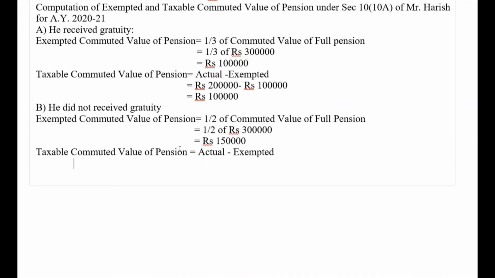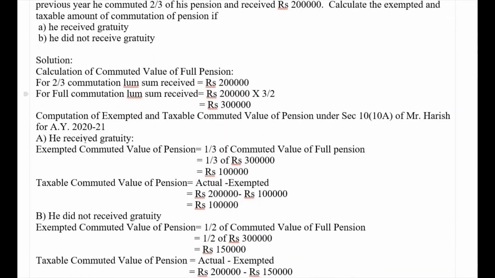We know the actual amount received is rupees 2 lakhs, so rupees 2 lakhs minus rupees 1,50,000. The difference is rupees 50,000. This is the taxable commuted value of pension which will be included in his income from salary. So this is a very simple question which is asked here.